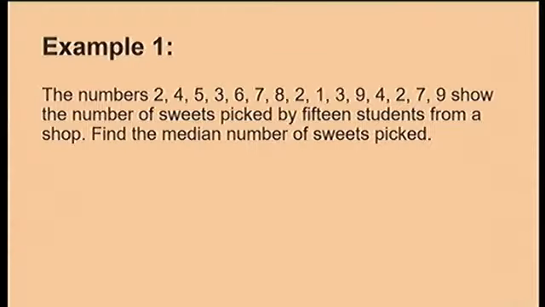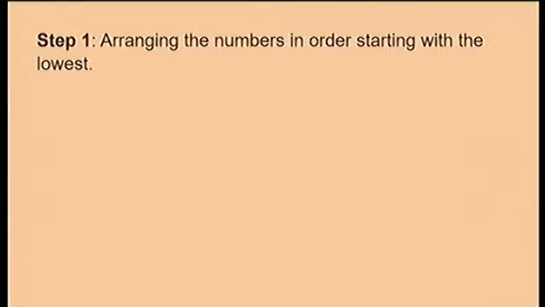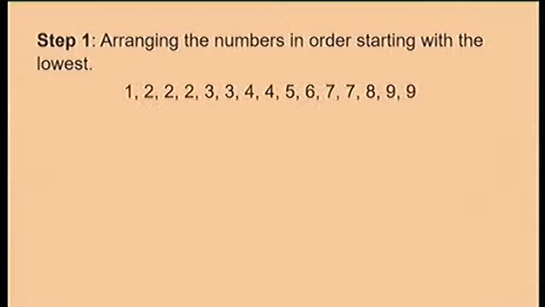Let's take an example. This time we are going to use numbers, and we are going to look at how to get the median if you're given data. So looking at our example, which is on the screen, we shall arrange our numbers in increasing or decreasing order.